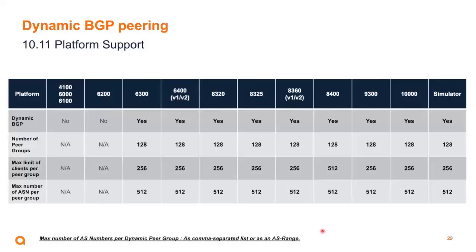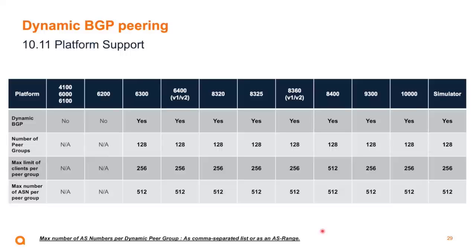About support and scalability metrics now. As of 10.11, the dynamic BGP peering feature is supported on all platforms supporting BGP, so starting with 6300 to 10K, as well as on the simulator, so the OVA.